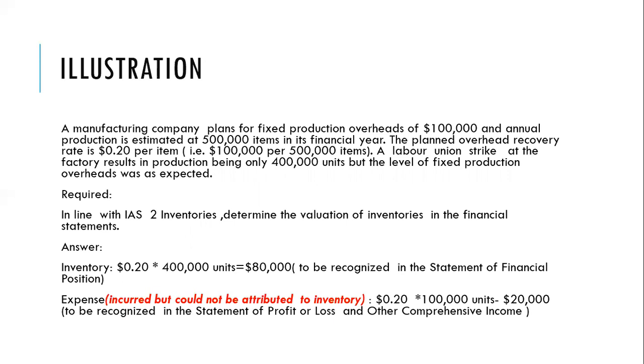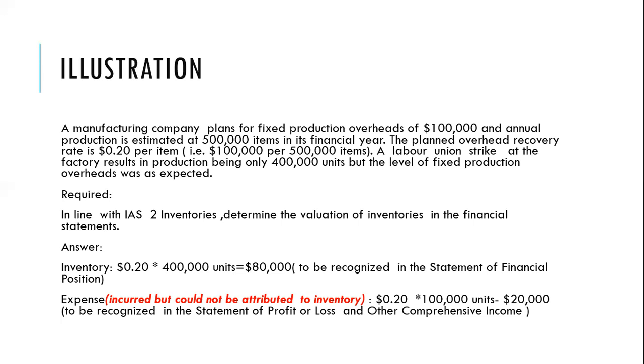The planned overhead recovery rate is $100,000 per 500,000 items, so $0.2 per item. With 500,000 items, that would give us $100,000.